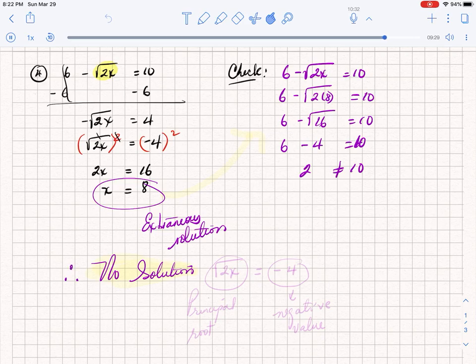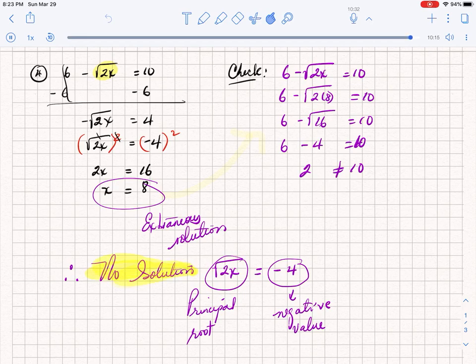Here's something that you need to look for as well. Every time you have a principal root, in this case my principal root is square root of 2x, and it equals a negative value, it's always going to be no solution.